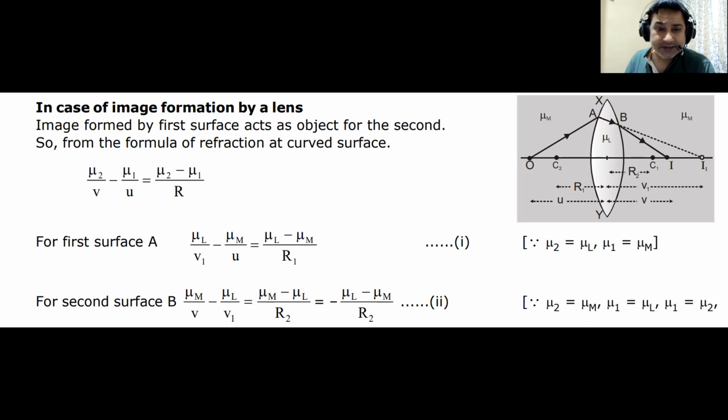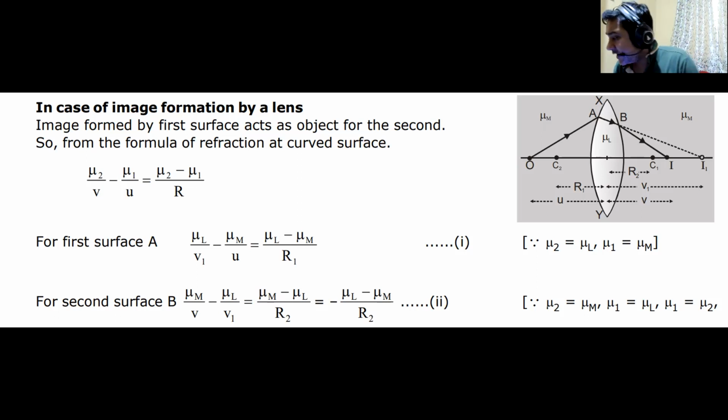In a lens, we have two curved surfaces, or one curved and one plane. Wherever there is a lens, refraction happens twice, because there are two refracting surfaces.